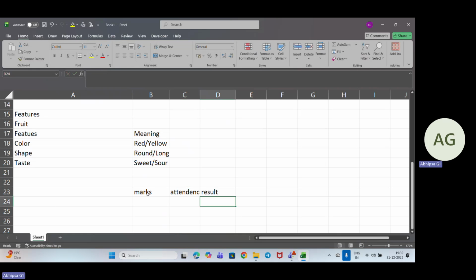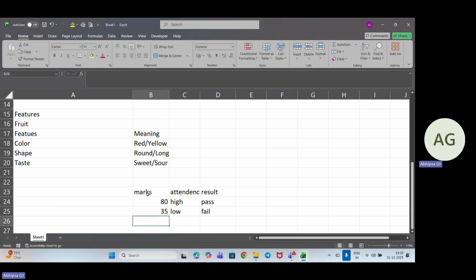Let's take marks being 80, attendance high, and then the result is pass. Coming down here, the marks is suppose 35, the attendance is low, and the result is fail.